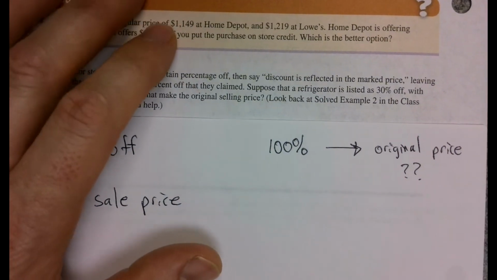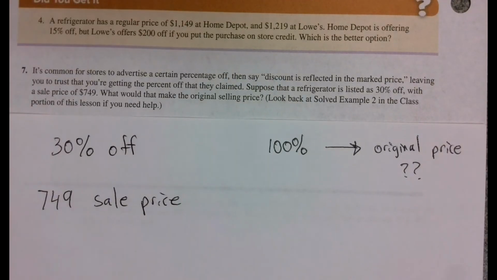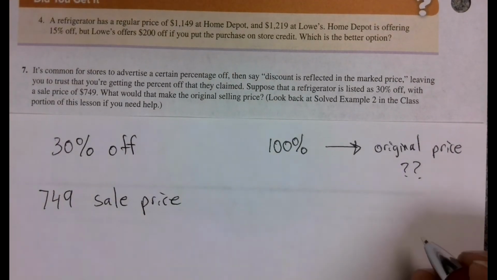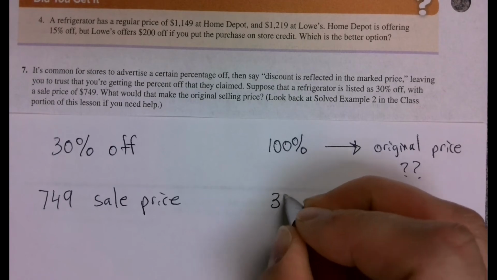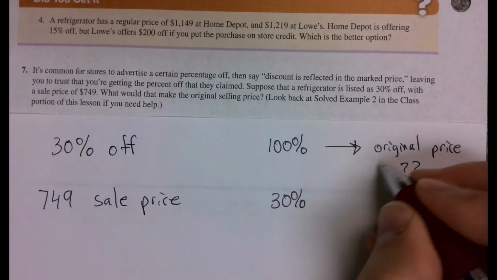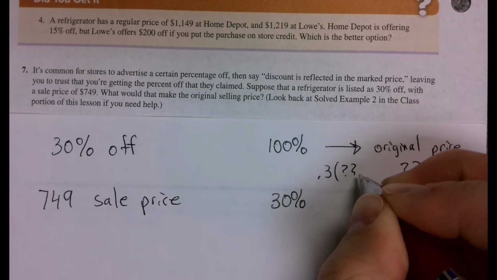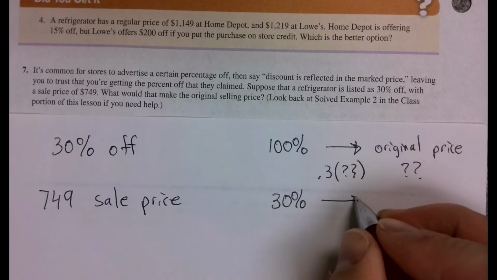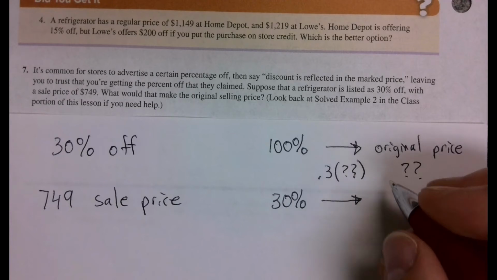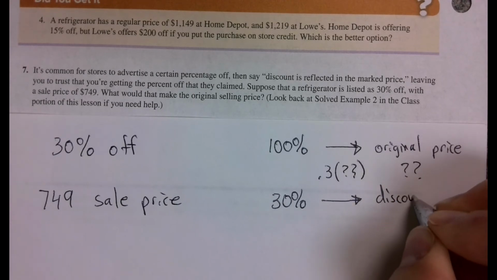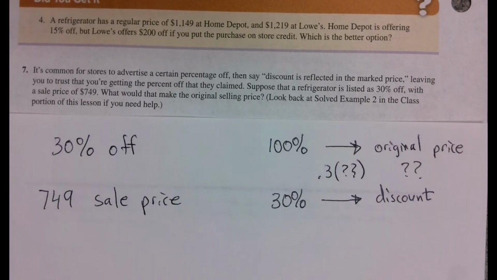Often if you look at Amazon or other places, they strike a line through it and then show the discounted price. Well, then we would take 30% of that amount. So we do 0.3 times this unknown amount, and that would give us the amount of the discount, some sort of dollar amount.